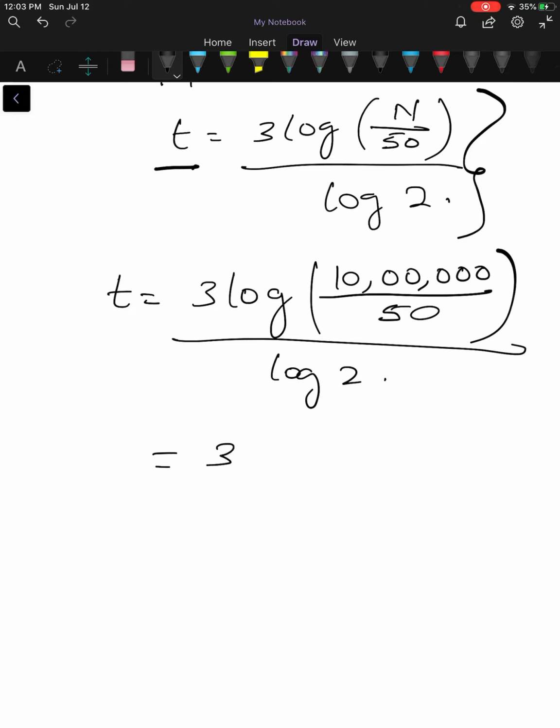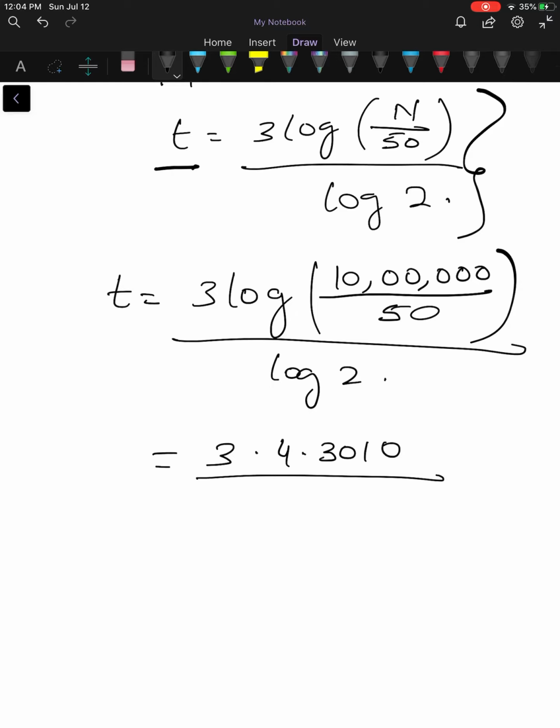If you use a calculator, log of 1 million divided by 50 gives us 4.3010, and so on. You still have more numbers, so I just approximated to this.